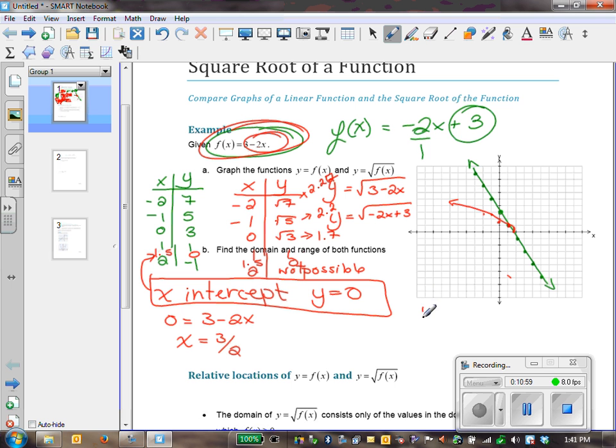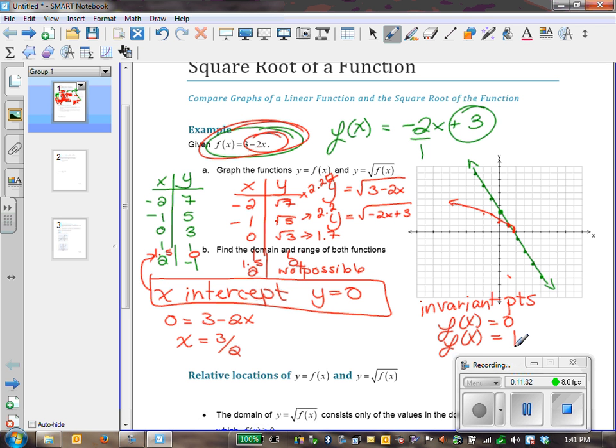Okay, so you will always have invariant points when f of x is equal to 0 and when f of x is equal to 1. How come? The square root of 1 is 1. Any other numbers that would work for? No. These are the only two numbers where the square root is exactly the same as the original radicand.